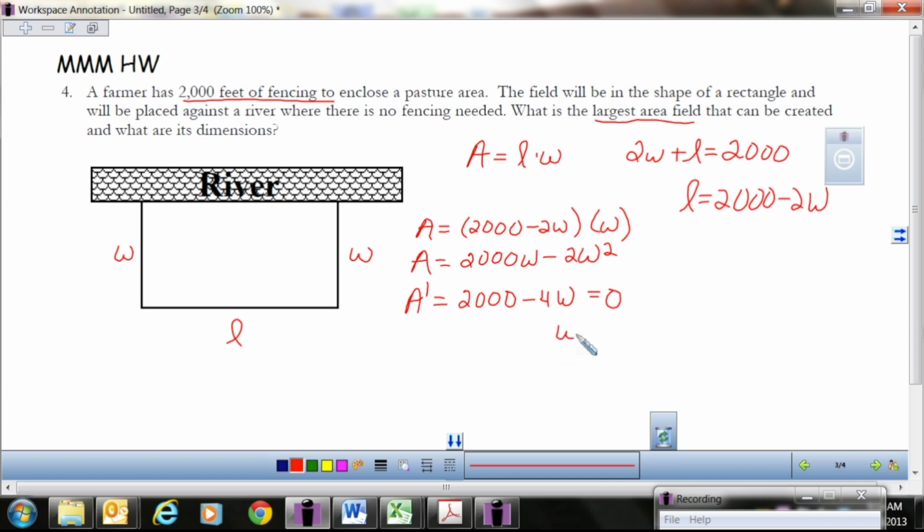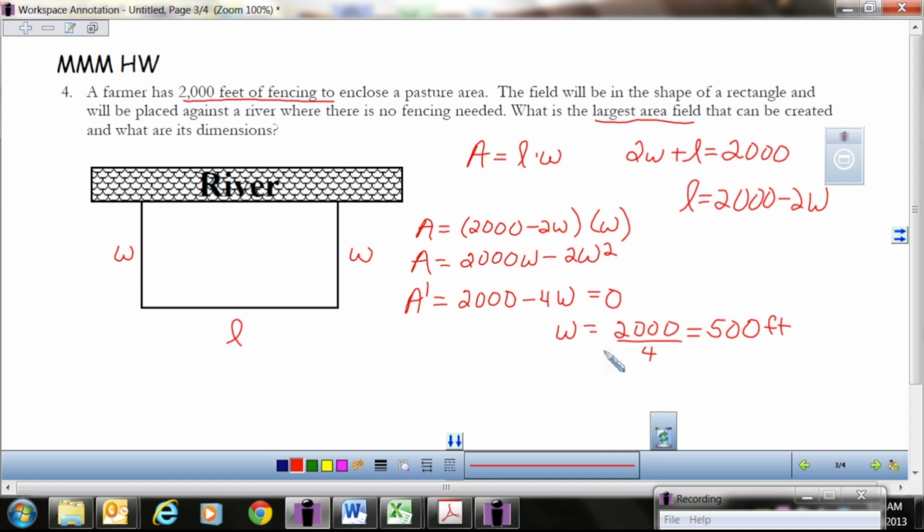When I do, I get W equals 2,000 over 4, which is 500. So that is the width, and that's 500 feet. I find if I don't start putting my units on here, I'll drop them, and that's bad.